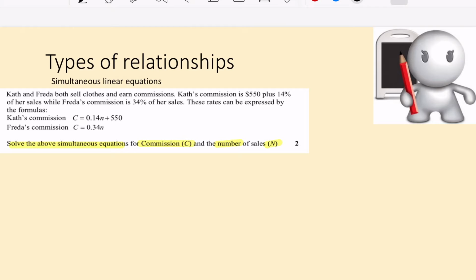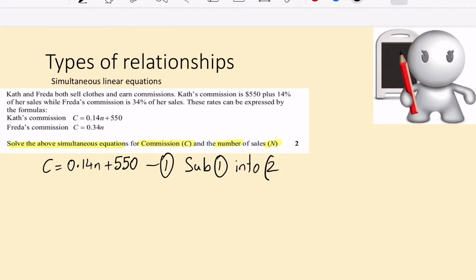So let's begin. I've been given Kath's commission formula, which is C = 0.14N + 550. I'll call this equation 1. And what I'm going to do is substitute equation 1 into equation 2, which is Frieda's formula.